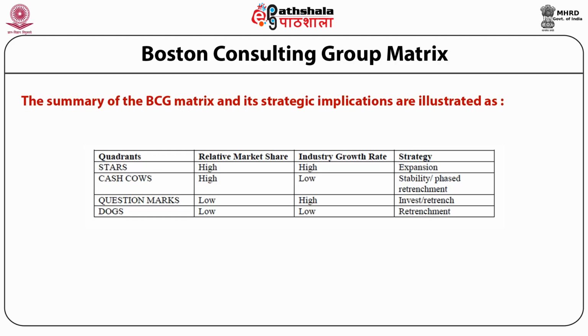For products categorized as question marks, they have low relative market share and high industry growth rate. The strategies recommended are invest or retrench. Dogs are those products which have low relative market share and low industry growth, wherein the strategy recommended is retrenchment.